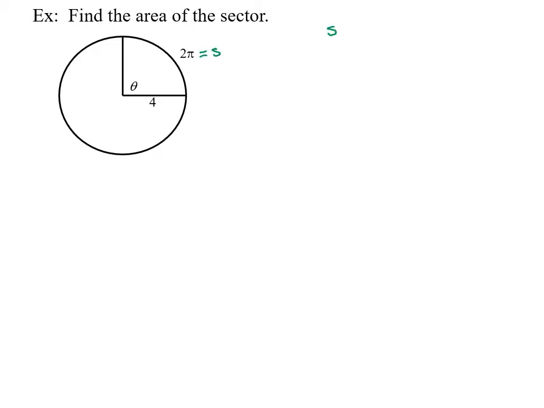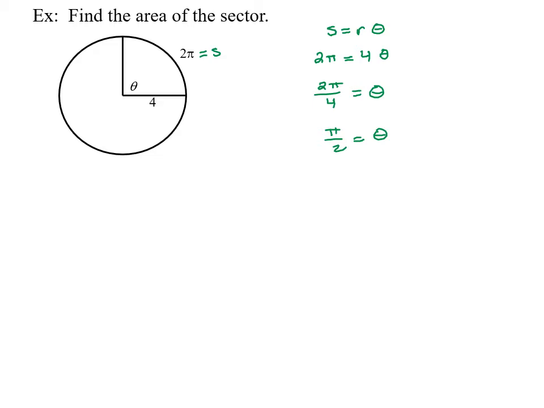But I could use the arc length formula to come up with the angle. So I could put 2 pi equals the radius of 4 times theta, or 2 pi divided by 4 equals theta. So theta is actually pi over 2, or about 90 degrees. It kind of looks like a 90-degree angle anyway.